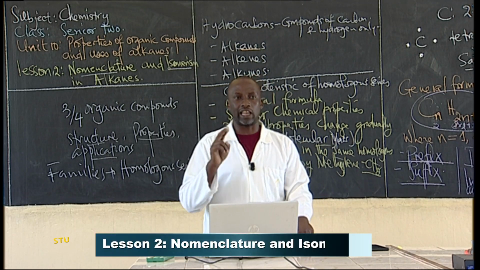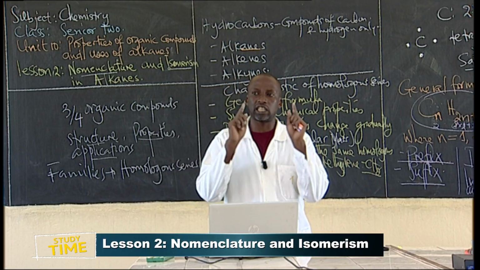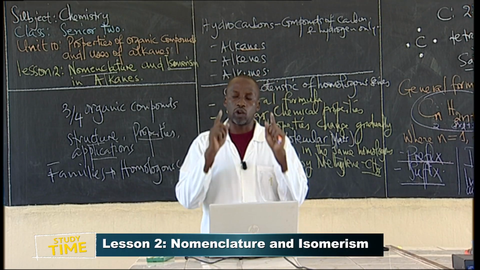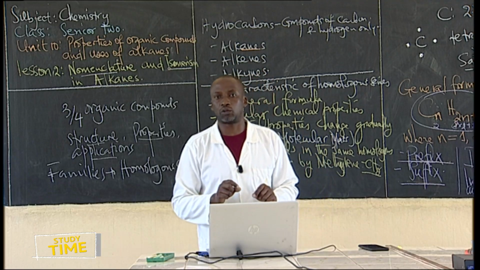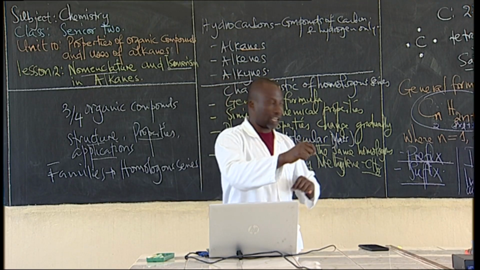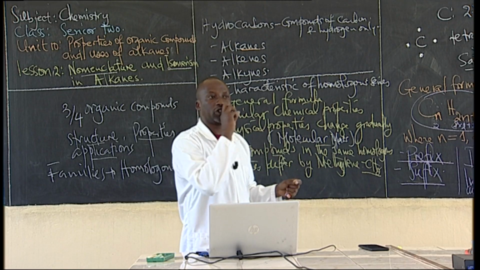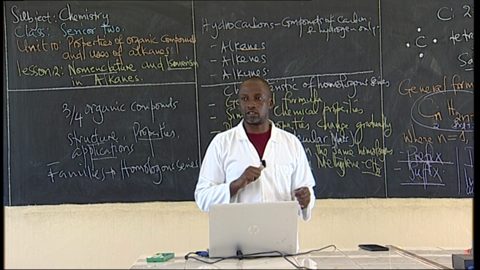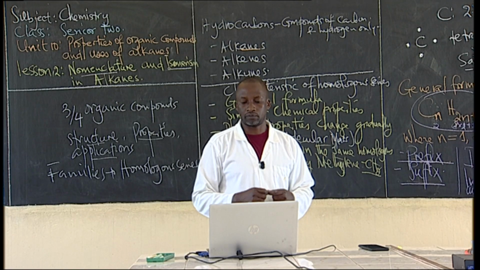Keeping in mind that when you create those branches, you are not changing the number of carbon atoms or the number of hydrogen atoms. The number of hydrogen atoms remains the same, but they will differ in how the atoms and bonds are arranged in space.